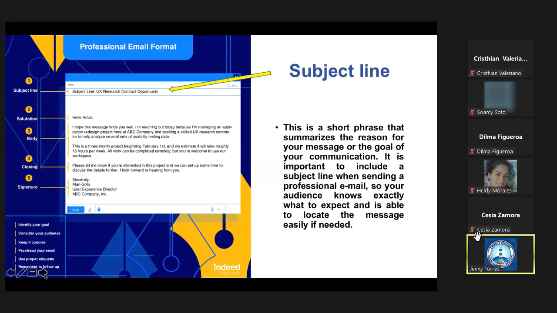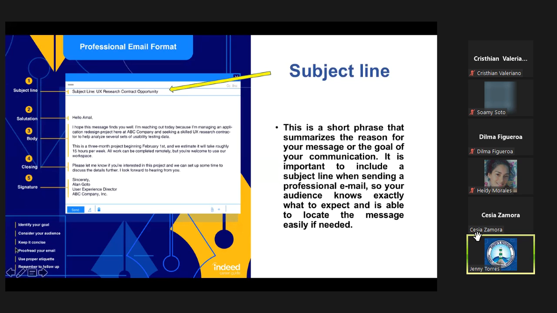Today, you are going to learn how to make an email, how to write an email. Here, for example, you have some parts that you have to pay attention to so that you can work on an email format.